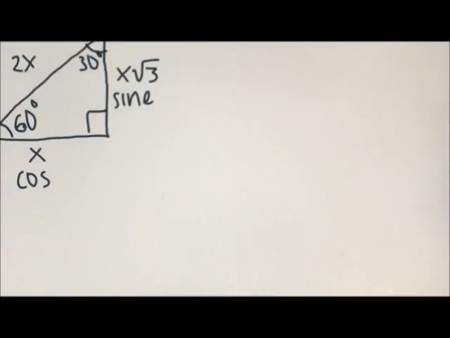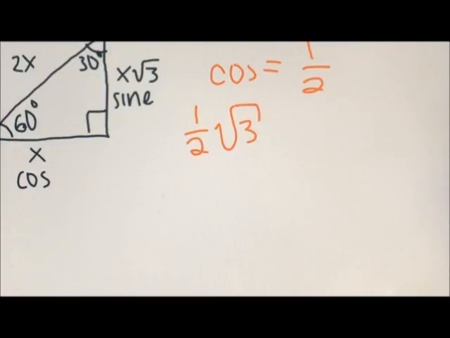To find cosine, we plug 1/2 into x, giving us cosine equals 1/2. To find sine, we plug 1/2 into x times the square root of 3, giving us 1/2 times the square root of 3.